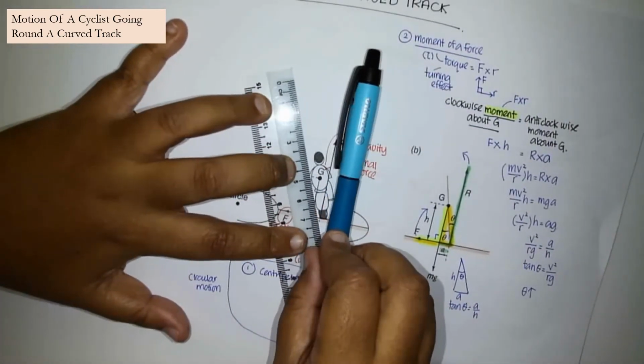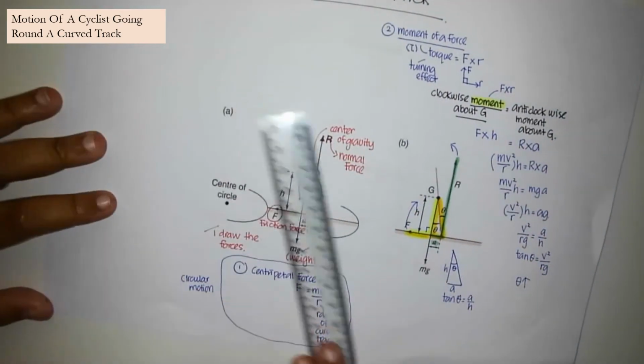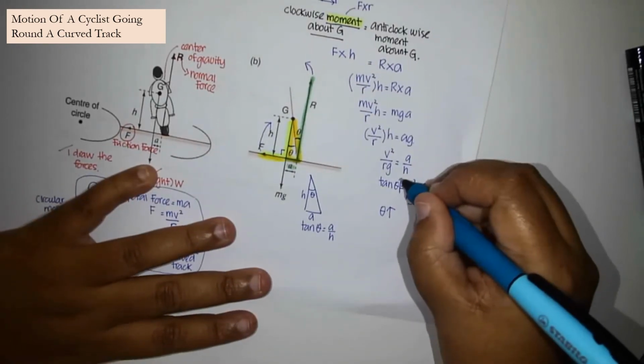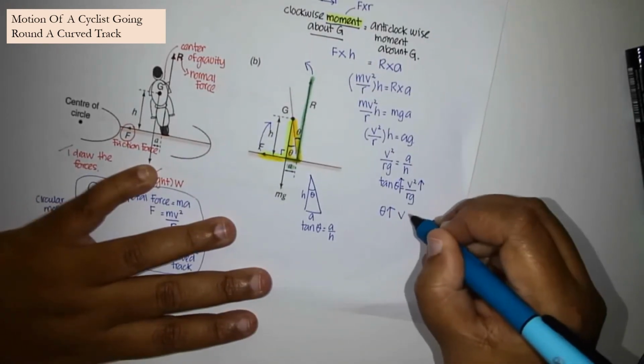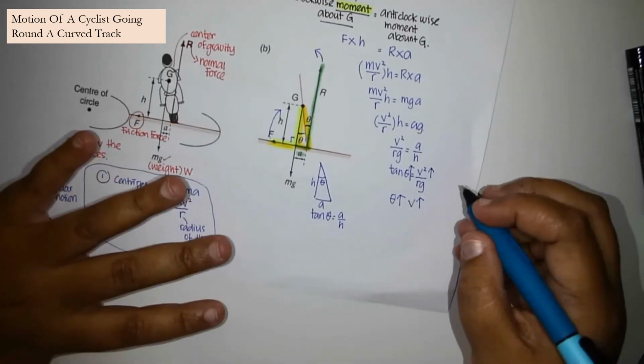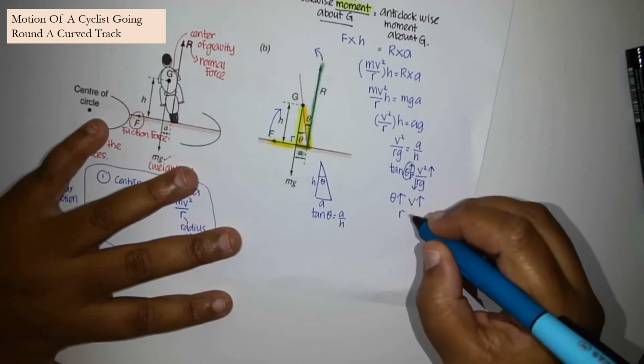This theta is big, the angle from this is big. What happens? That means the speed v increases. Tangent theta is big, v increases, correct? And the radius of the curved track is small. So if tangent theta is big, the curved track is small, so r decreases.